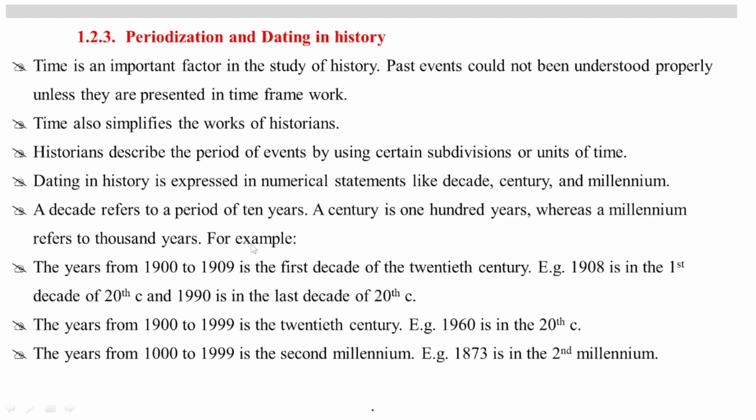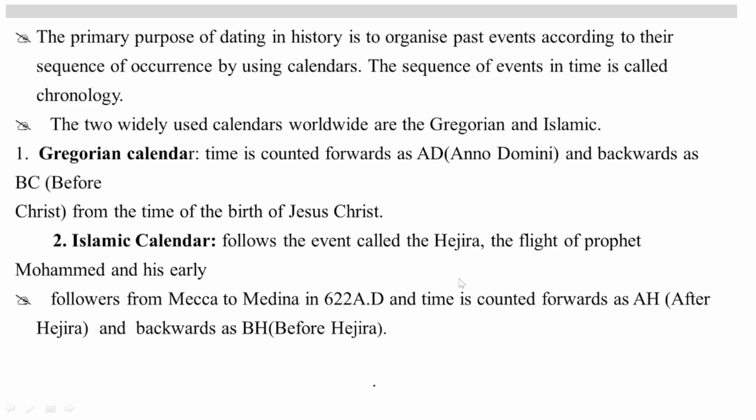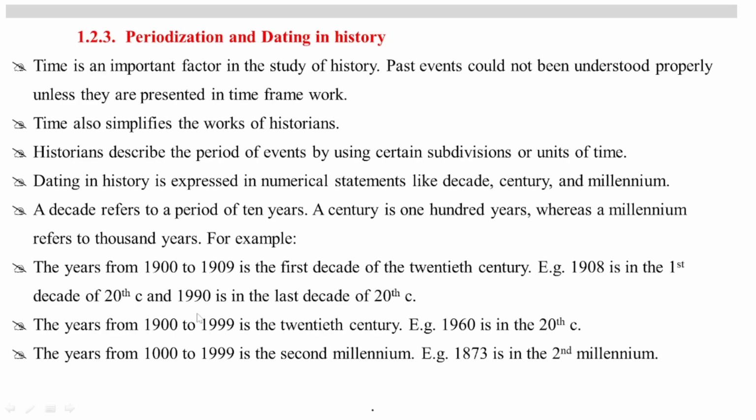Kana periodizationiin seenaa dhala namaa bakka xixiqqaatti qoqqoonnee qo'achuu jechuudha. Kanaaf century waggaa 100, decade waggaa 10, millennium waggaa 1,000 isa jennuudha. Kanaaf years from 1900 to 1909 is the first decade of the 20th century. Decade jenna isa kana.